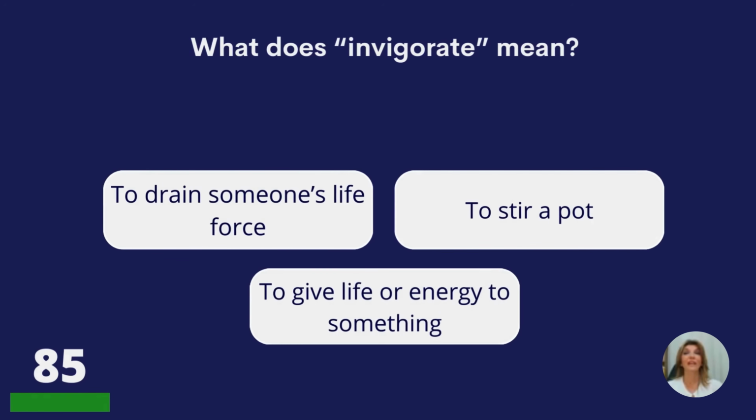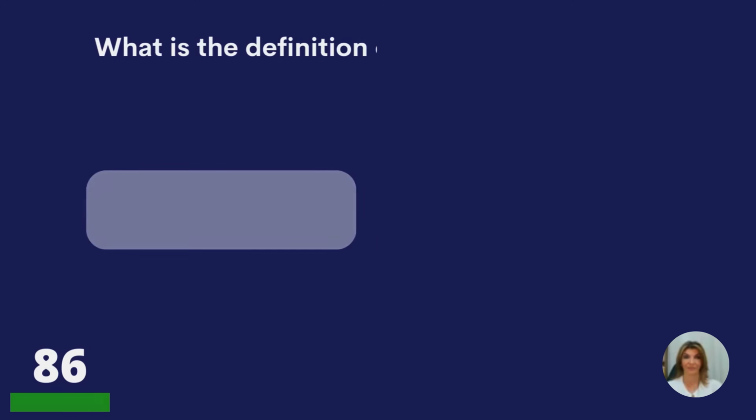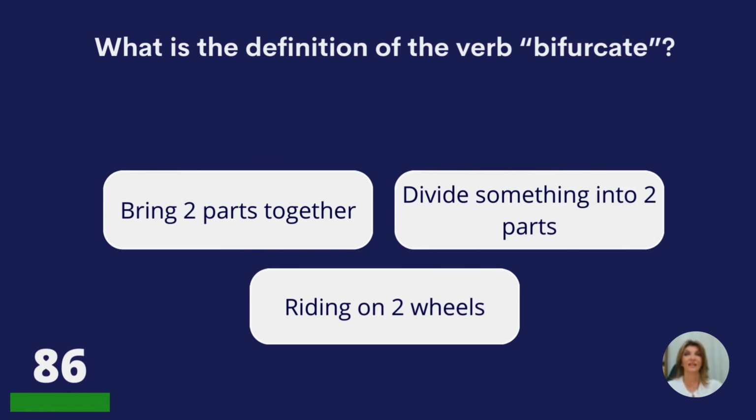What does invigorate mean? To drain someone's life force, to stir a pot, or to give life or energy to something? To give life or energy to something. What is the definition of the verb bifurcate?